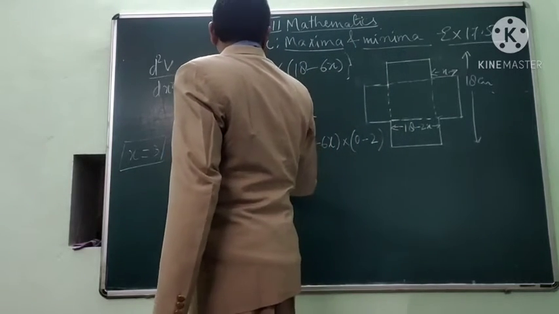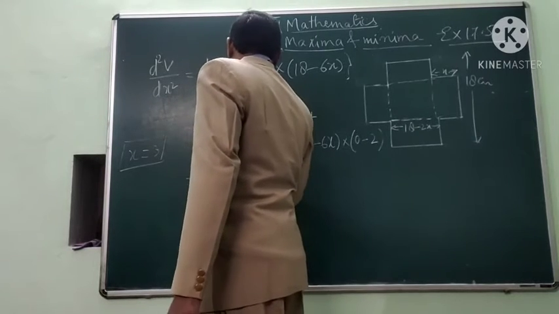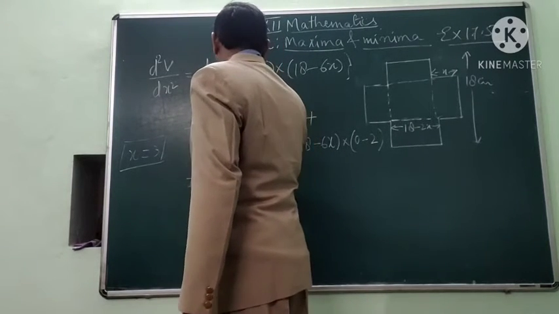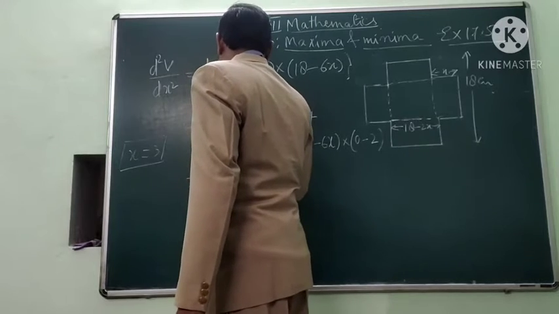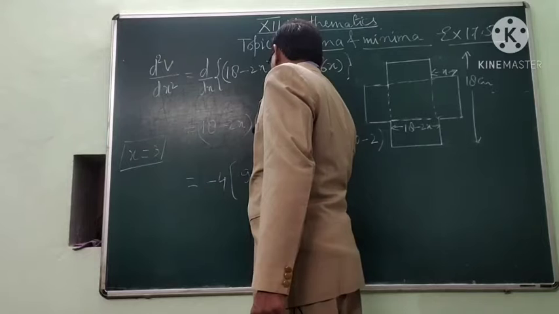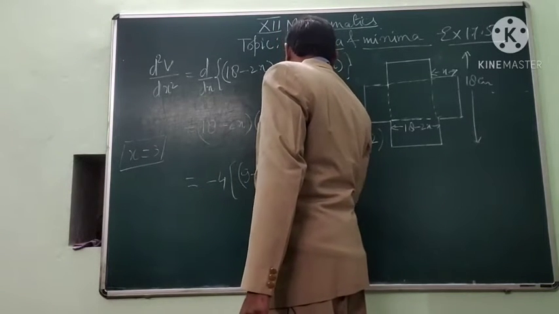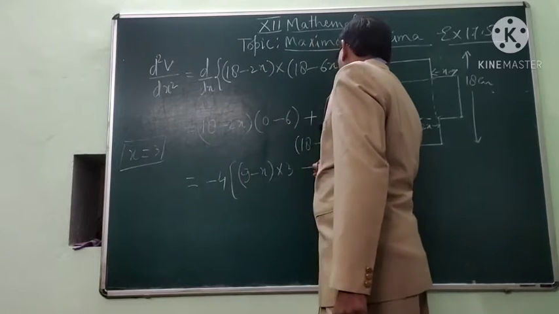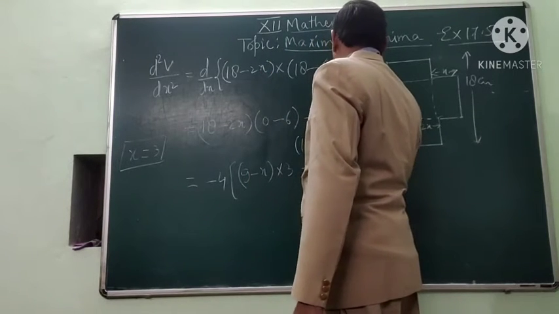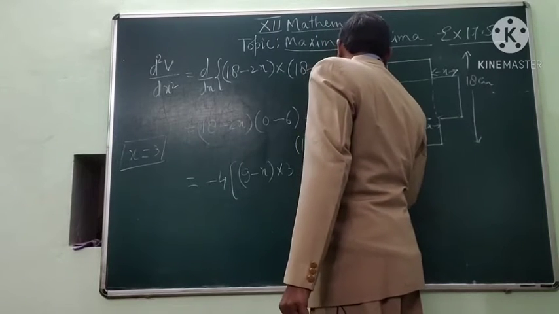Now let us take minus 2 common. It is minus 4 common. Then from this we will get (9 minus x) into 3, plus 9 minus 3x.